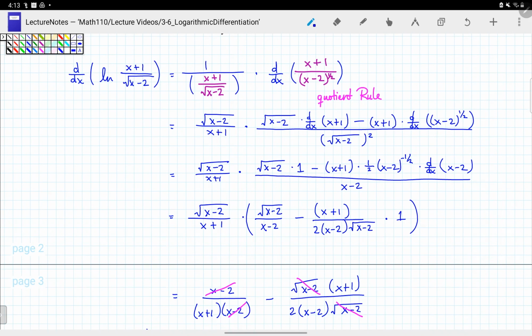Okay, and here I separated these out into terms. Square root of x minus 2 divided by x minus 2 minus, this is x plus 1. And I pulled this down, so the 2 is downstairs, and the square root of x minus 2 is downstairs, times 1. 1 is the derivative of x minus 2.